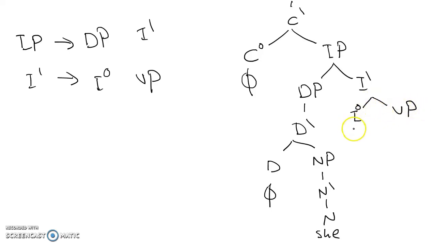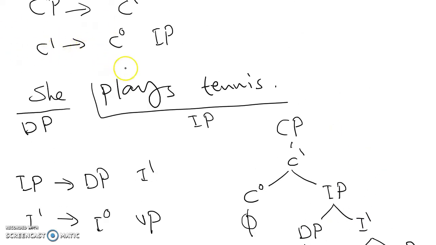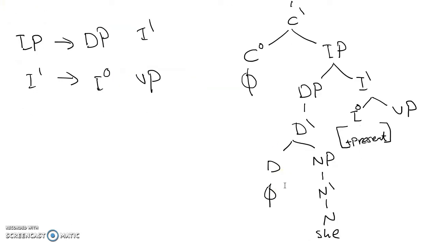For the I0, I have to contain some features. Plays is present, so I have to say plus present. And for the S, because of the subject-verb agreement, it has a third person singular pronoun. So under the I0, I have to include this information.